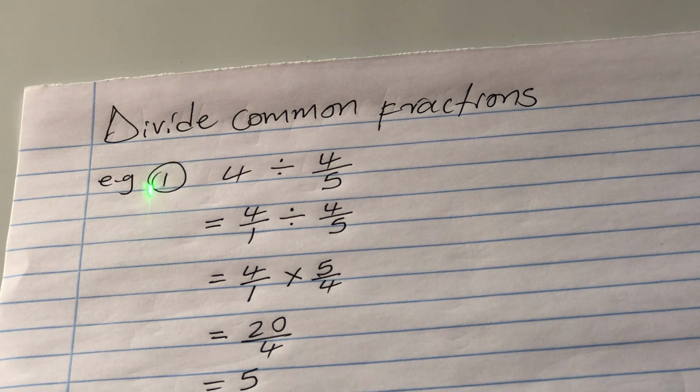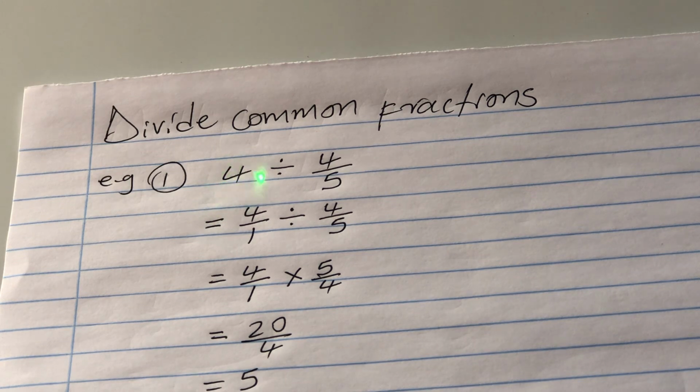Let's look at example number 1. 4 divided by 4 over 5. If we see a number like this, for example this 4, you must know that below it, if I put a division line here, there will be 1.